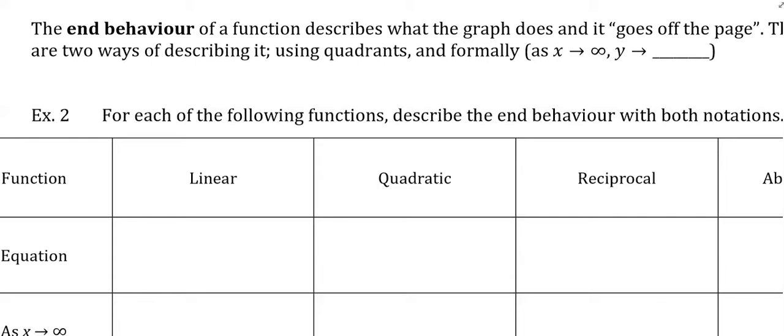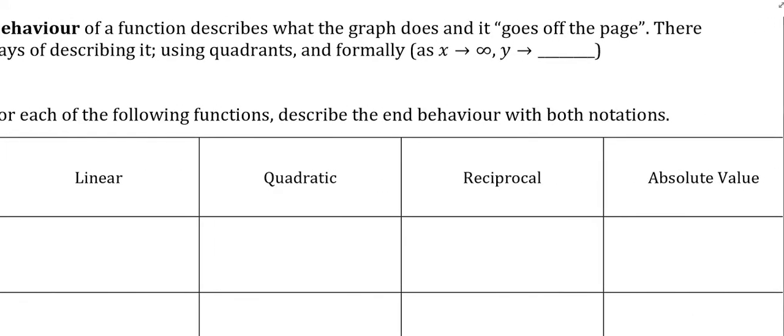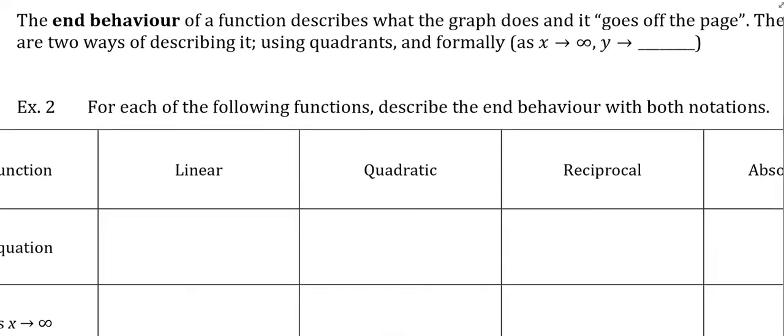There are two ways we use to describe it. Using quadrants, which is kind of a natural way of doing it. But usually on tests or quizzes, you will be required to do it the formal way. So we'll take a short look at both today. The quadrants one is pretty easy. The other one takes a bit more getting used to. You've actually seen this before when you did quadratics in grade 10 and talked about whether a parabola opens up or down.